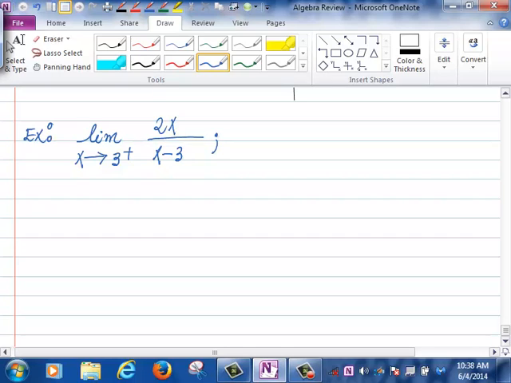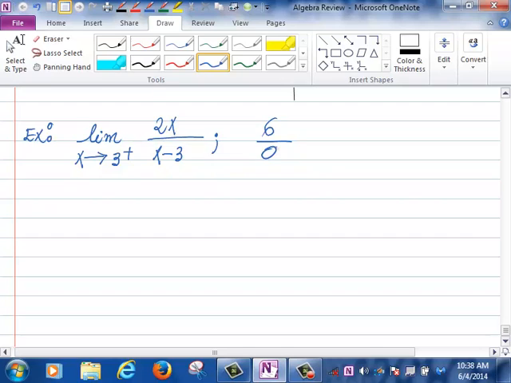What's the limit of the numerator when x is getting closer and closer to 3? See, as x gets closer and closer to 3, the numerator gets closer and closer to 6. But the denominator is getting closer and closer to 0, right? The question is, what's the limit?